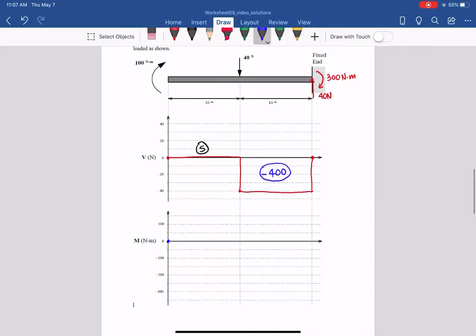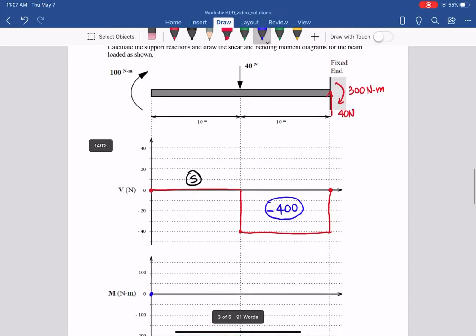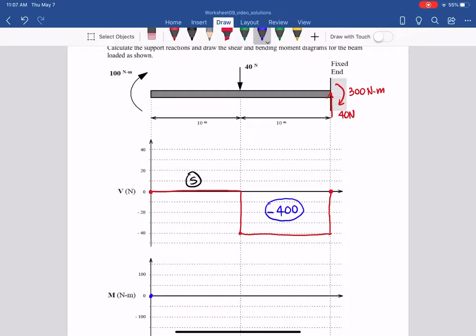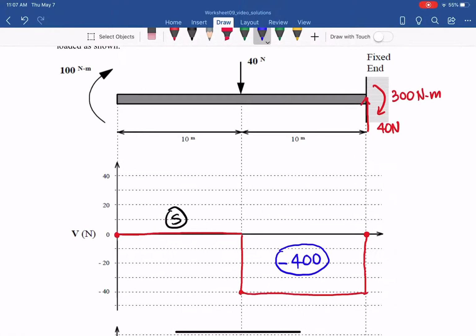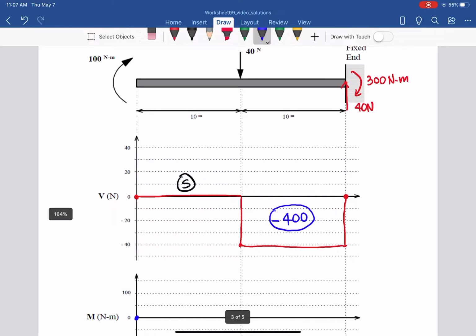Have a couple of 100 Newton meter, and it causes a discontinuity on the moment diagram. In this case the 100 Newton meter couple, as you can see here, is clockwise. Based on the sign convention, a clockwise external couple creates a move up discontinuity in the moment diagram.